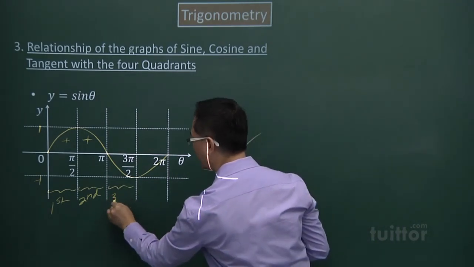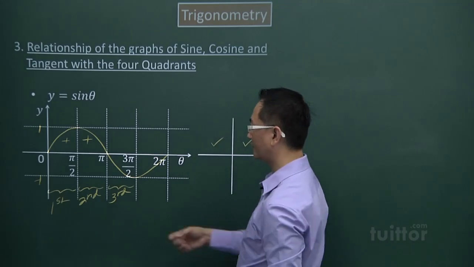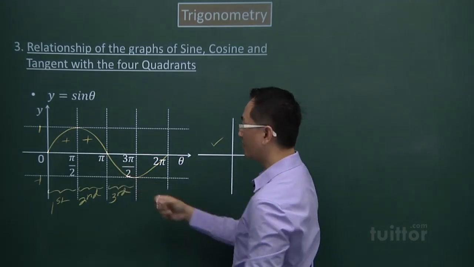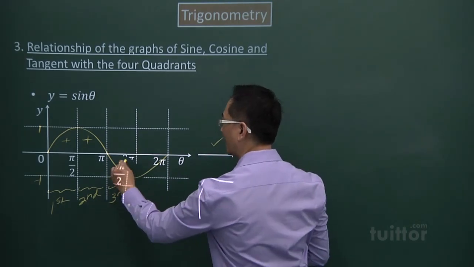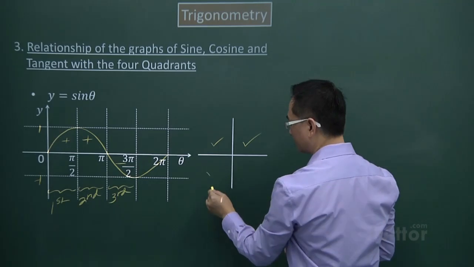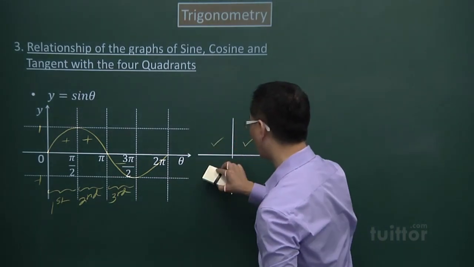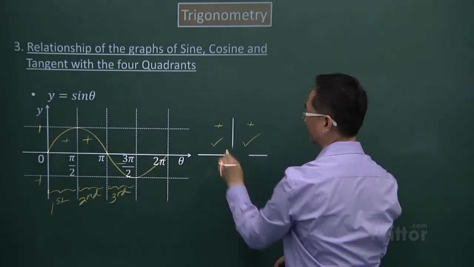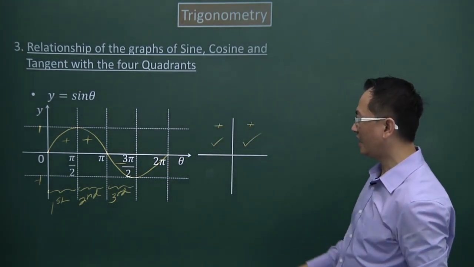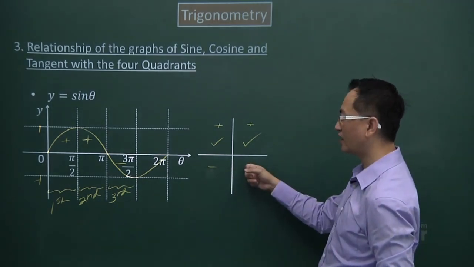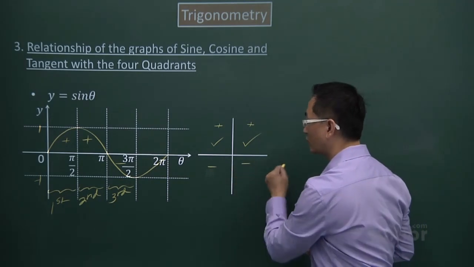The third quadrant here, the curve is below the theta axis. The y value will be negative. So in the first and second quadrant, sine will be positive. But in the third, negative, and of course, in the fourth, will also be negative.